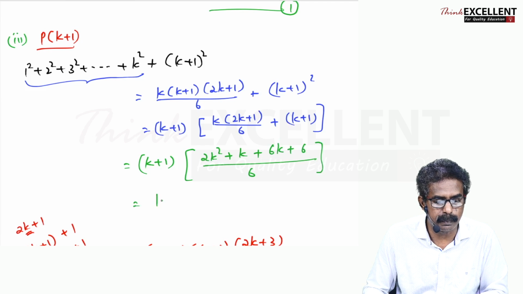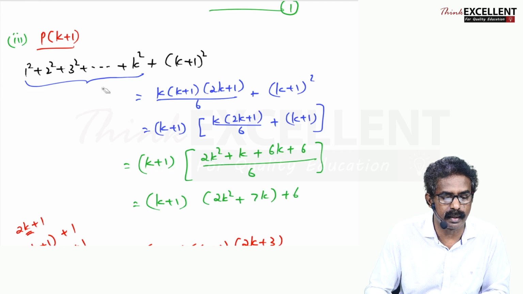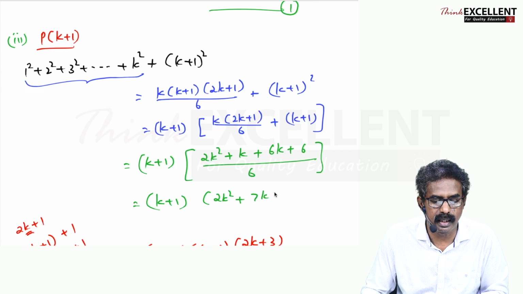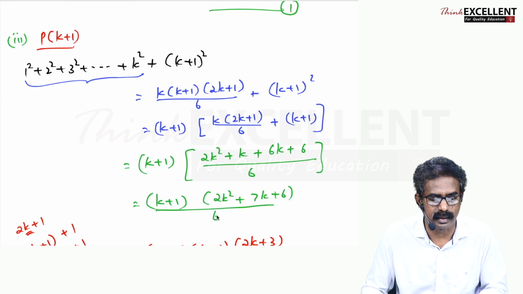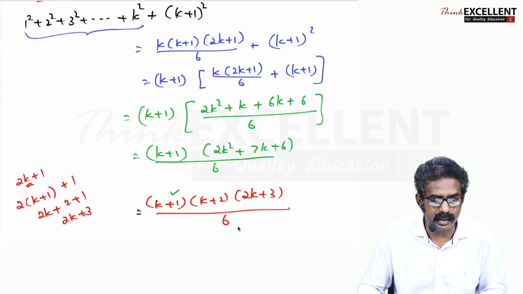That is k plus 1 into, simplify this, 2k square plus k plus 6k, it is 7k plus 6, by 6. Are you right? The whole divided by 6, right? Got the answer or not? K plus 1, yes. 6, yes.